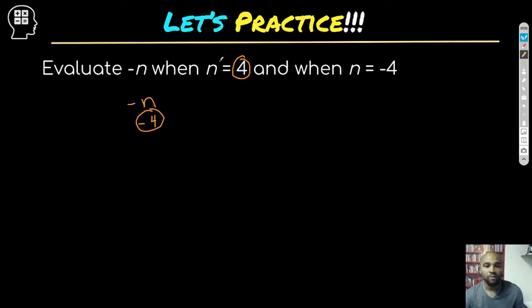What if I put a -4 there? This would be a negative n that we're evaluating, -(-4). Because I put this whole thing in place of this n right here, that tells me it's going to be the opposite of a negative, which is a positive.